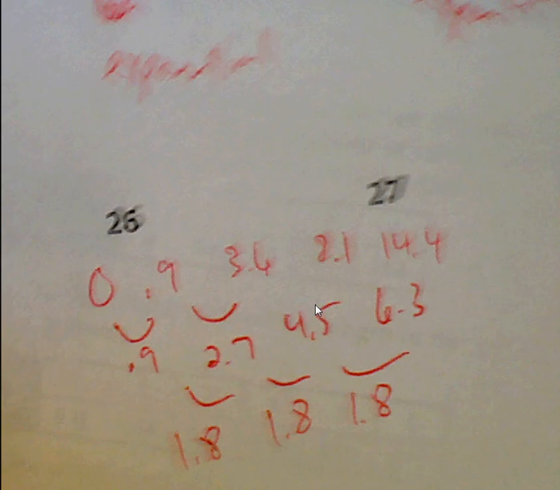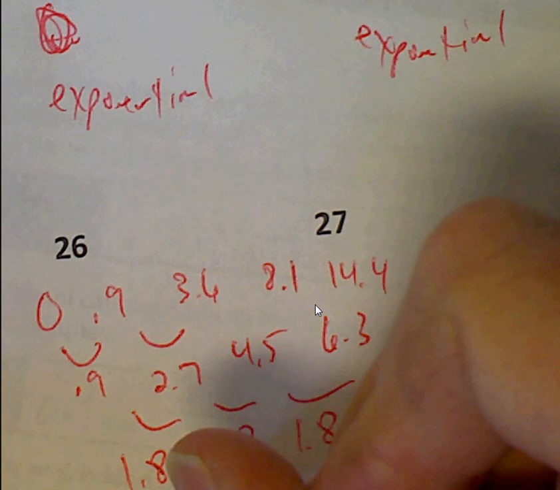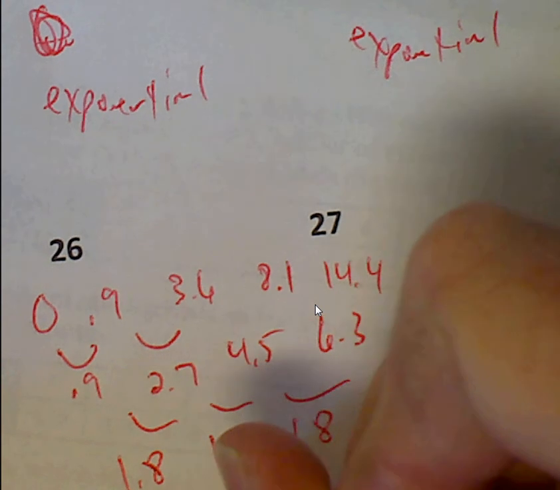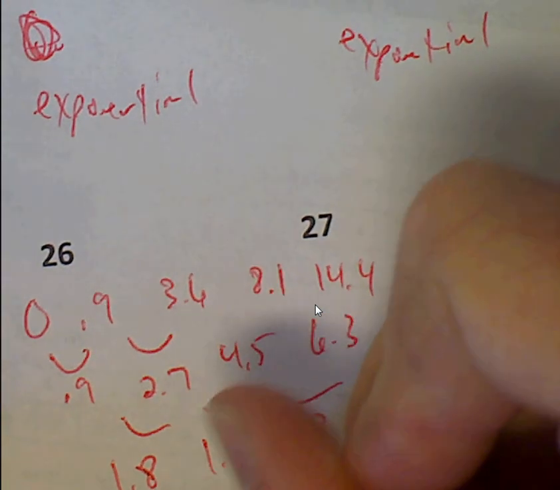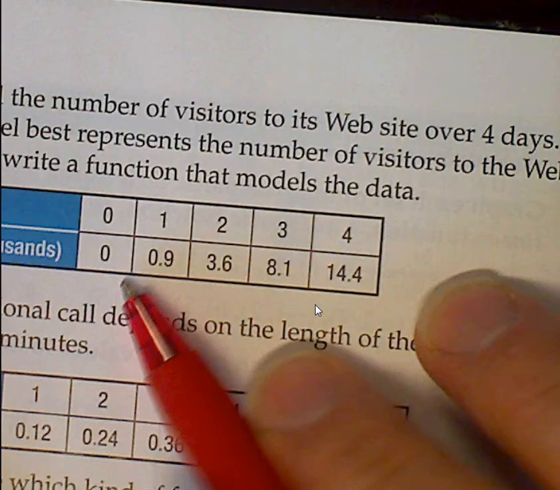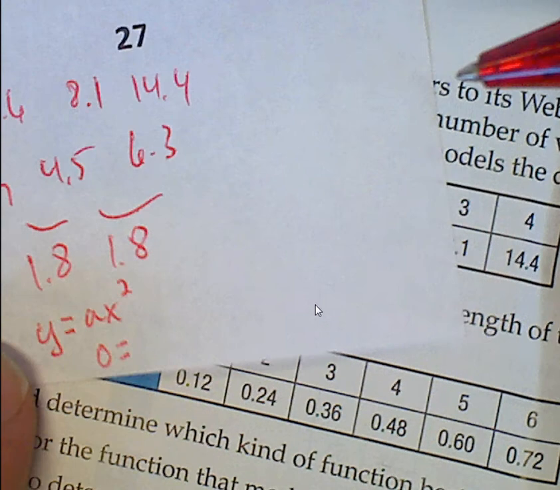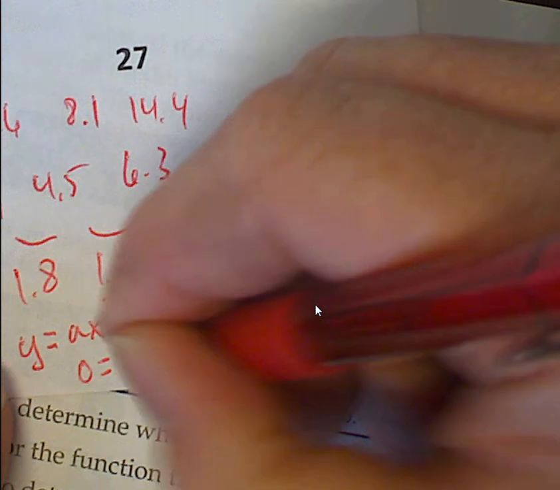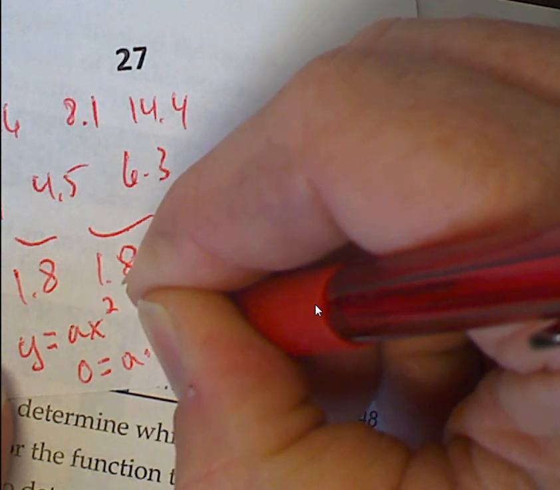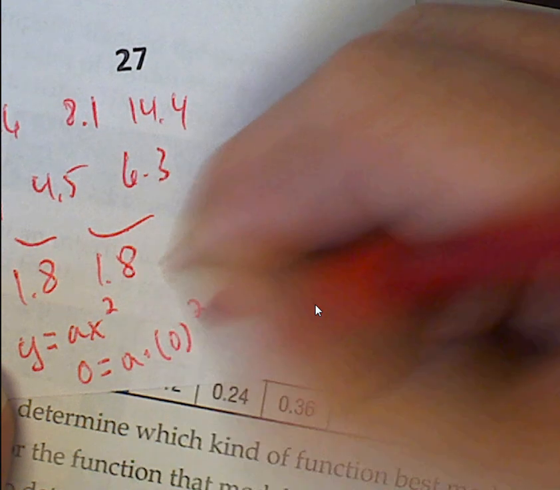If it's a quadratic, I know that the equation is y equals ax squared. So I'm going to choose 0, 0. So 0 equals a times 0 squared.